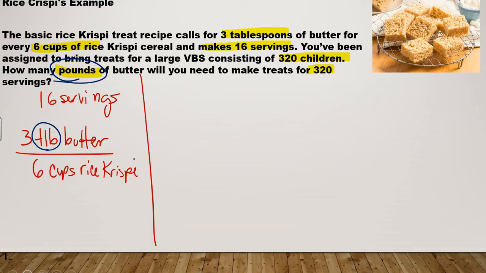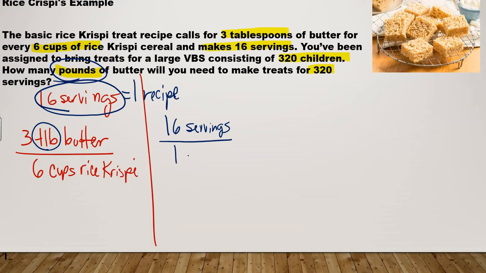So the first thing we're going to do is simply figure out how many of the recipes we need if we're doing this. So if 16 servings makes 1 recipe, I'm going to do that conversion first. So 16 servings for 1 recipe.